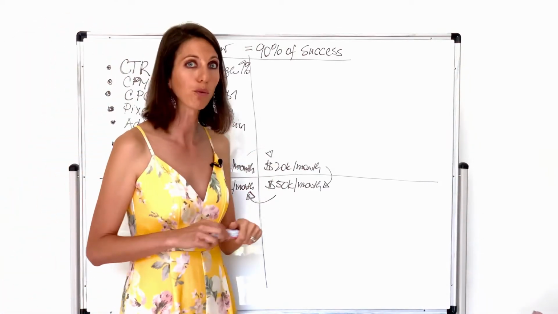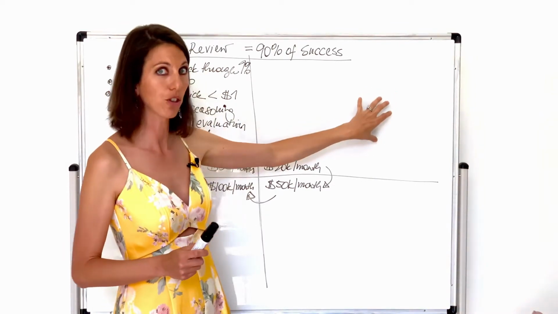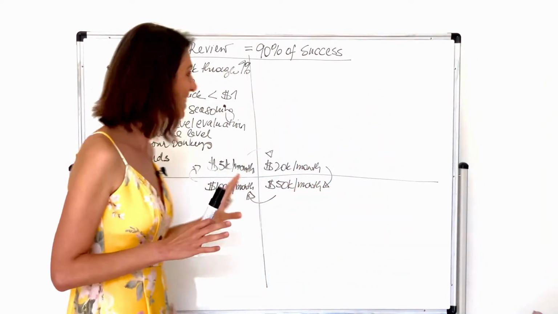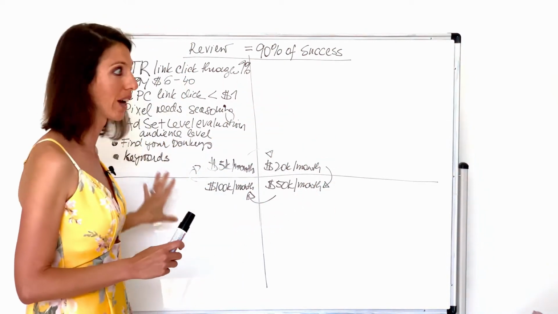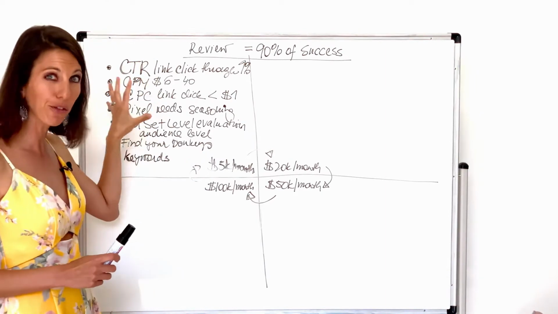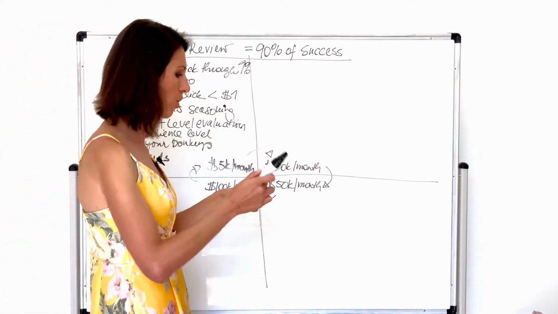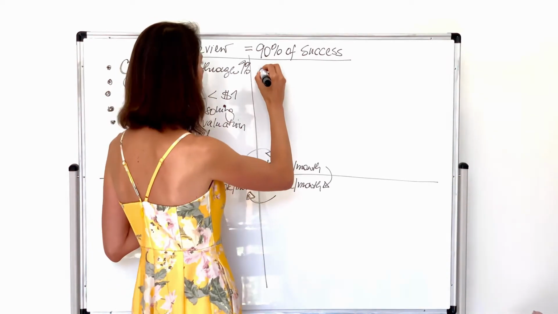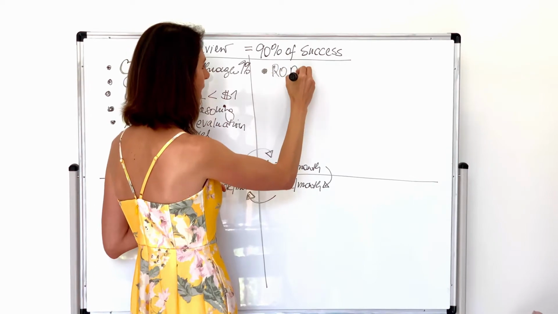Now, from there onwards, we're moving to quadrant two. If you are already in quadrant two, it does not mean that you're not doing this. So in this case, we're elaborating. If you are in quadrant two, you are still focusing on this, but on top of that, we start looking at our ROAS, or return on ad spend.